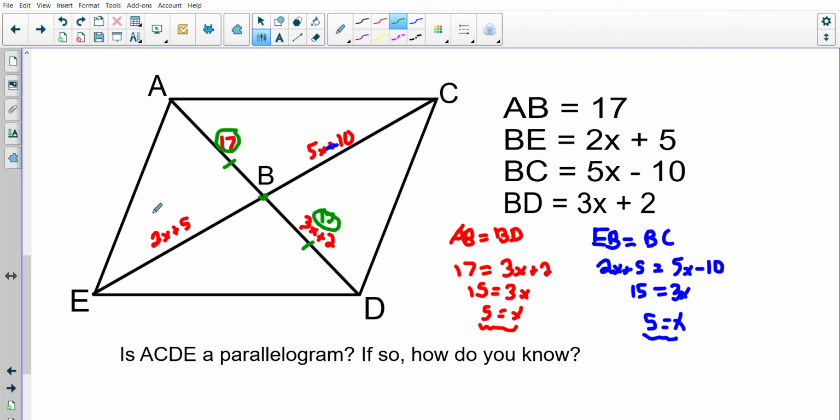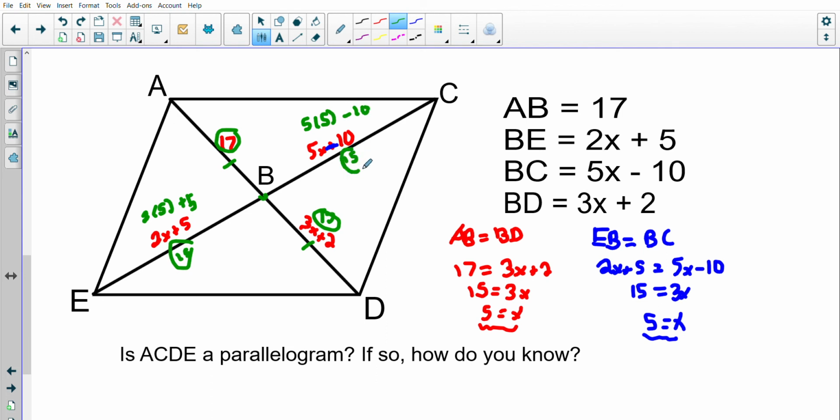I'll go ahead and plug in 5 over here. So this would now be 2 times 5 plus 5, which gives us 15. We just have to make sure that we get the same thing over here. If I plug it in over here, I would get 5 times 5 minus 10, or 25 minus 10, which is also 15.